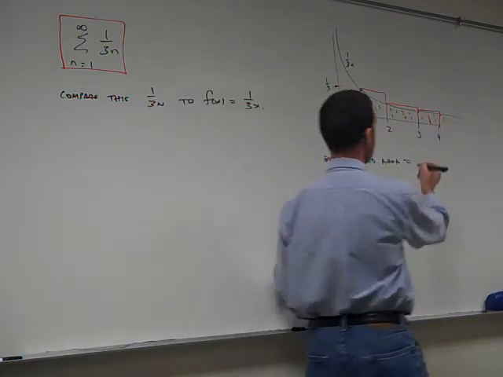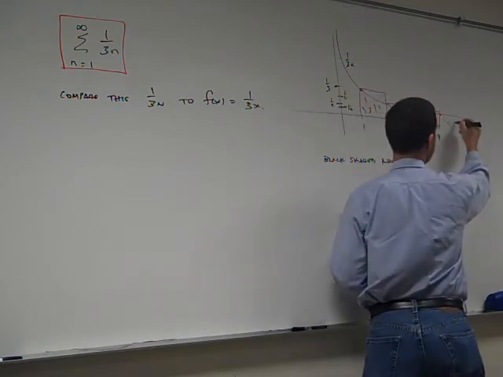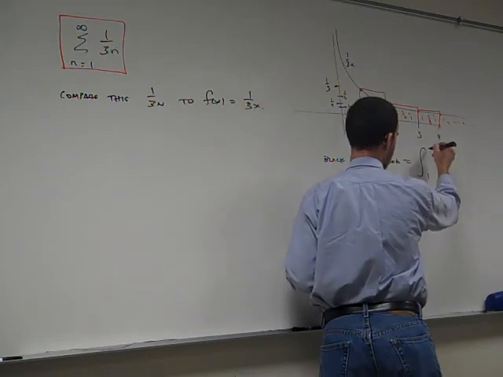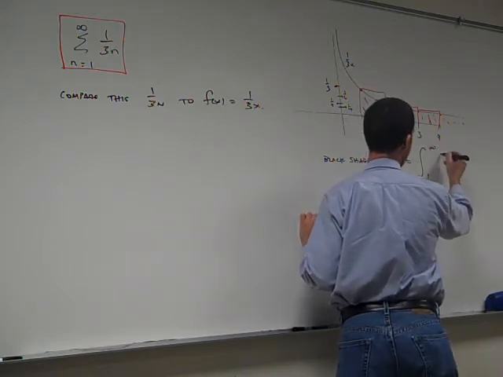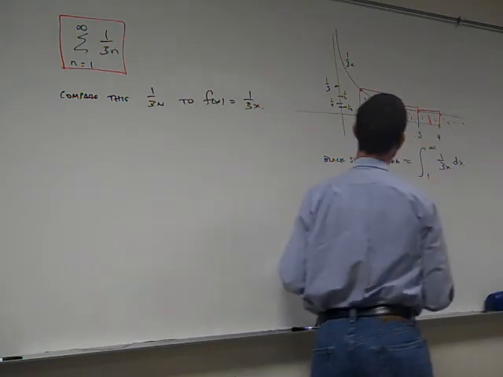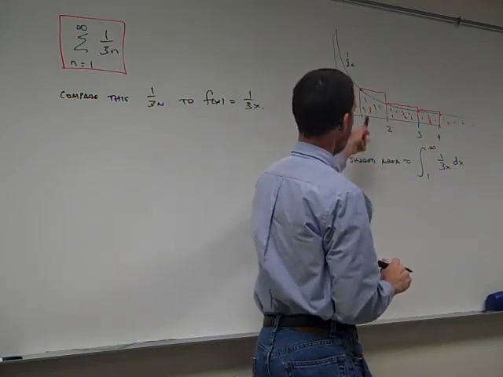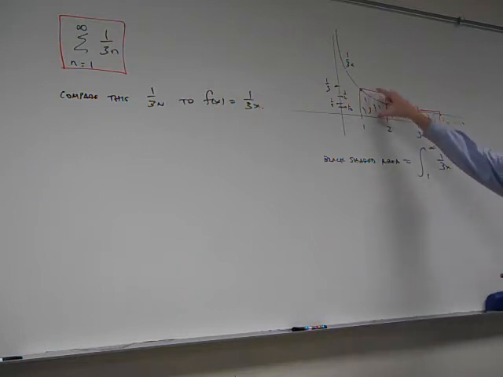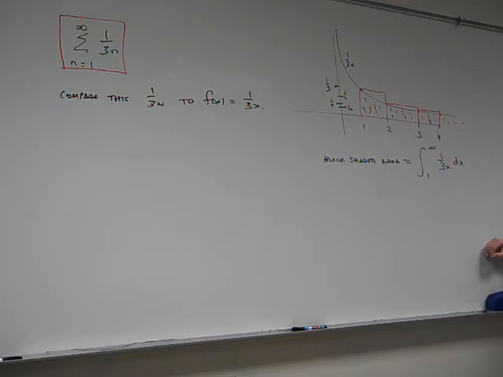Integral from 1 to infinity. I'm going to go on forever. It's shaded all the way out there. Integral from 1 to infinity of 1/3x, right? How does that compare to the area here and here and here? Going on forever. It's smaller, right? It's less than the sum from n equals 1 to infinity of 1/3n.